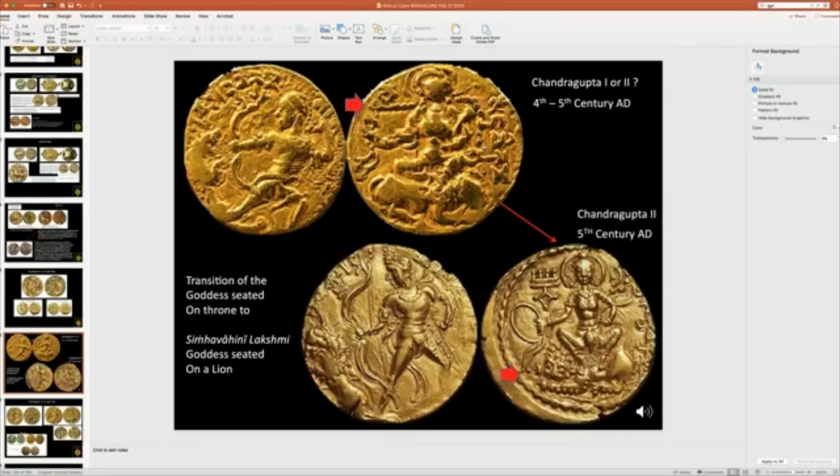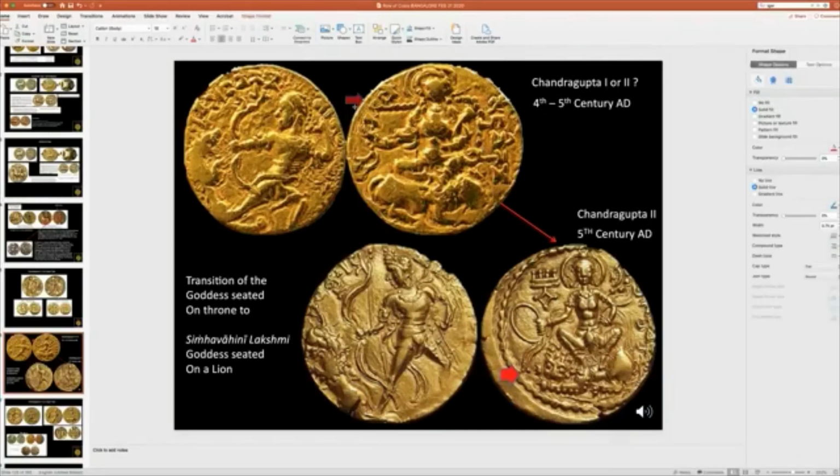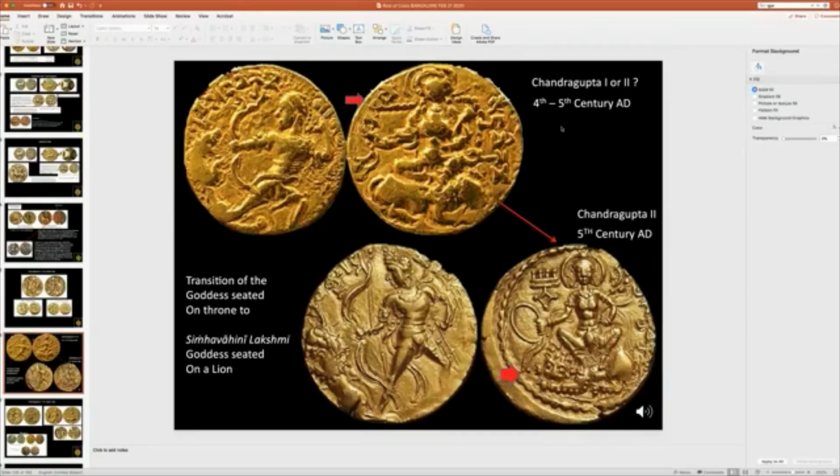In the top one and top two, I talked about the thought process, whether some of these coins that show the throne are issued by Chandragupta II or Chandragupta I. Scholars even today are continuing to debate whether these coins with the throne were actually struck by an earlier king or not.